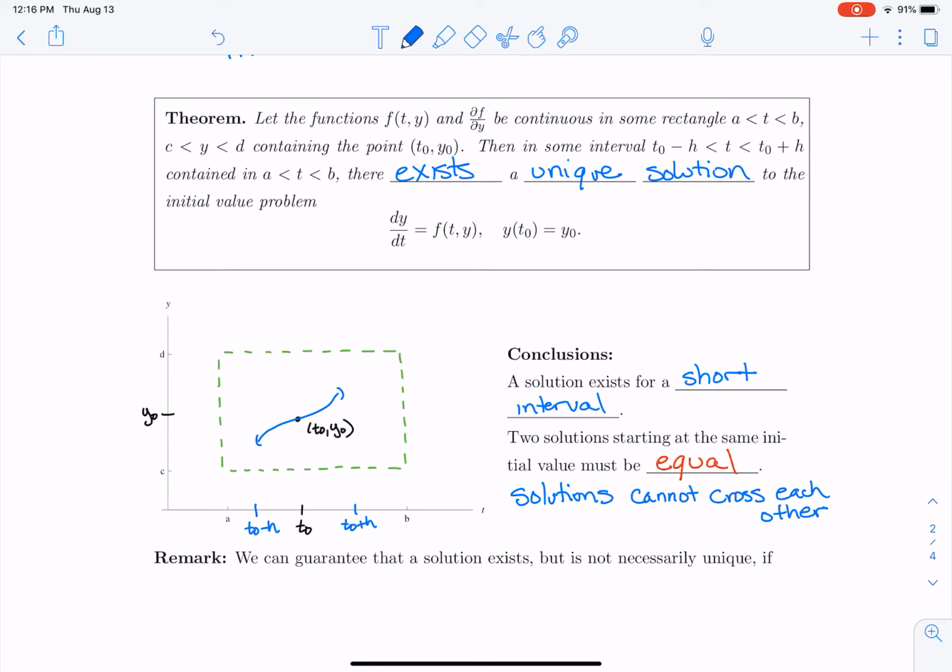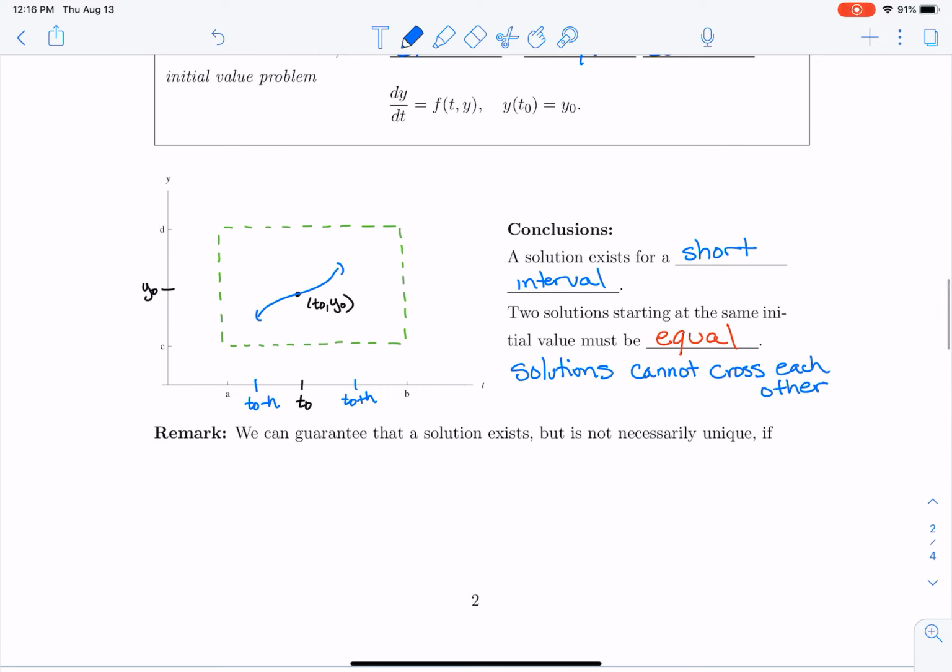You need the language that you learn in that class to be able to construct a proof of the existence and uniqueness theorem. So I'm going to ask that you take it on faith that this proof exists and that this theorem is valid.